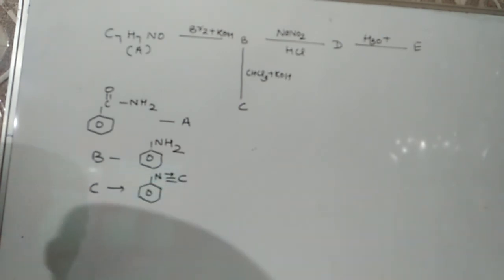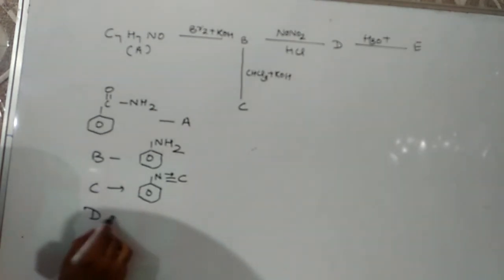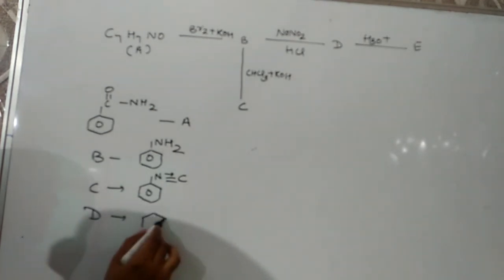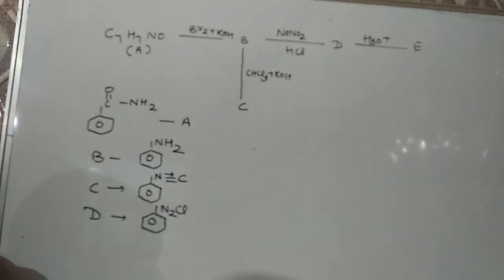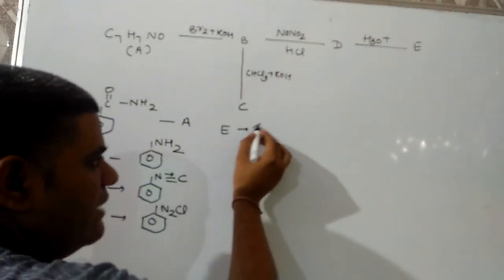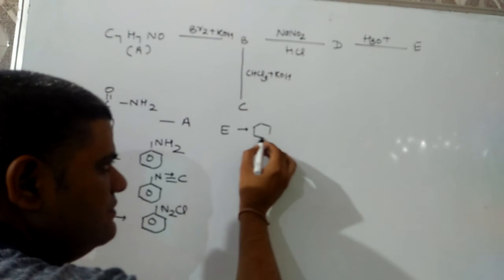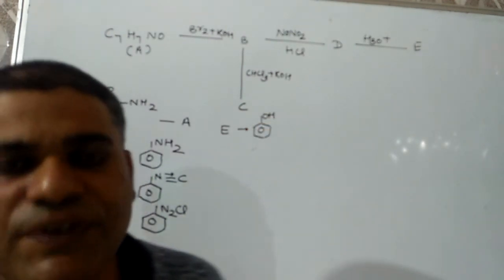D can be benzene diazonium chloride due to diazotization reaction, and E can be phenol. This question was asked in board in 2015.